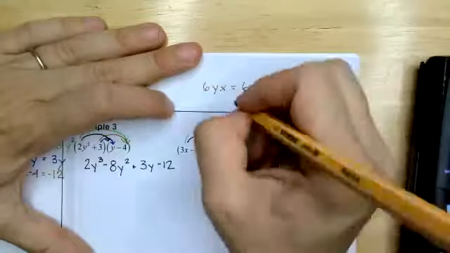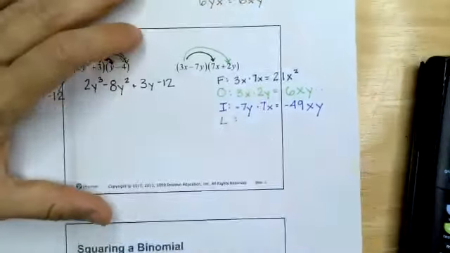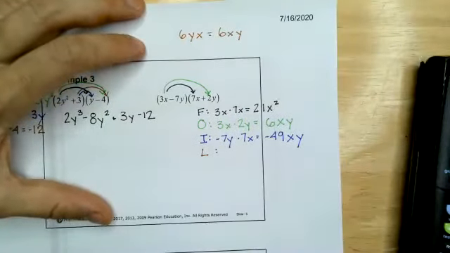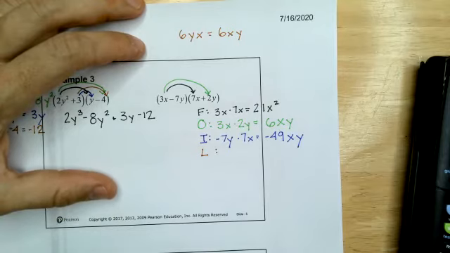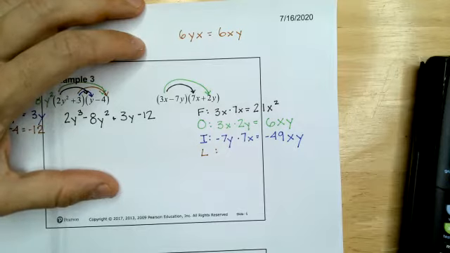So you can combine. I have a question. So when we're done writing down what F, O, I, and L mean, I can already see that negative 49xy and 6xy, are they going to be like terms? Yes. Okay, I was just curious because it had a negative in front of it, and I didn't know if the rules still applied.